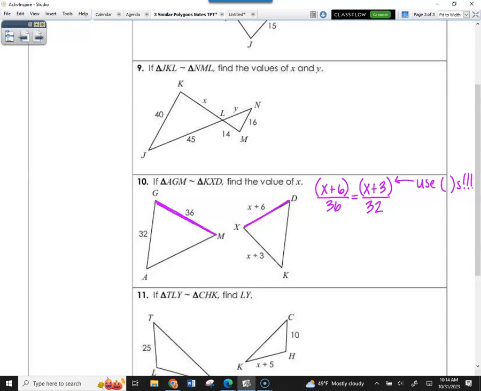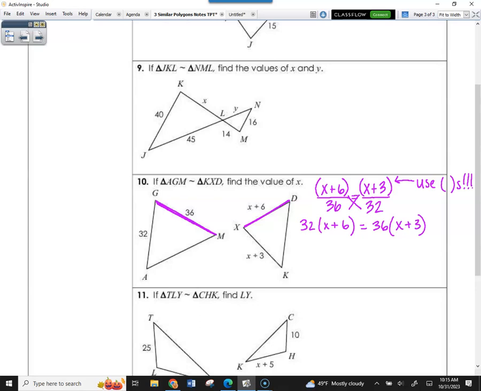All right, let's cross multiply. The 32 would cross multiply to the front. The 36 would cross multiply to the front. Now you have a basic multi-step equation to solve here. Distribute the 32.